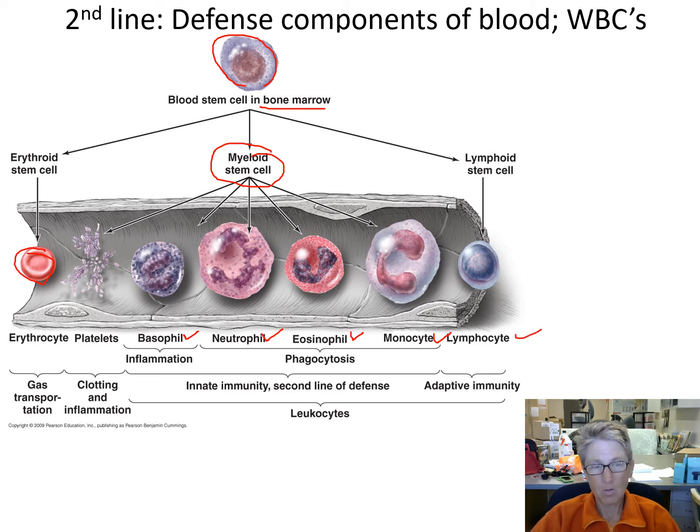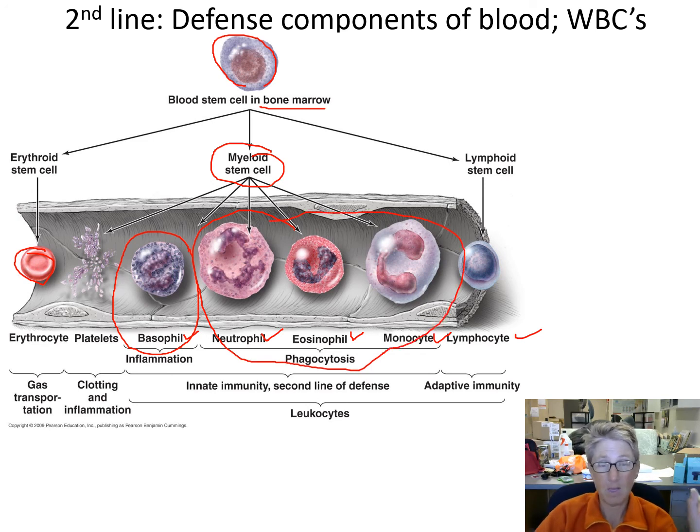In this part of the cartoon, basophils do inflammation, and neutrophils, eosinophils, and monocytes all do phagocytosis. That means they can eat a bacteria. And then the lymphocytes are the B lymphocyte and the T lymphocyte, and they're involved in adaptive immunity that we'll talk about later.